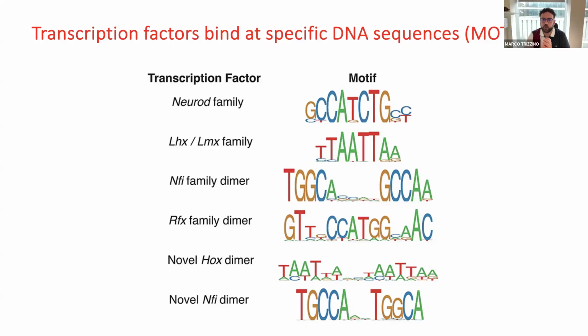Transcription factors work by having a specific sequence pattern that they can recognize and bind, because there are hundreds, probably thousands of transcription factors in eukaryotic genomes, and each of them can bind a very specific sequence motif, which is normally 6 to 8 nucleotides that they read and recognize to bind.